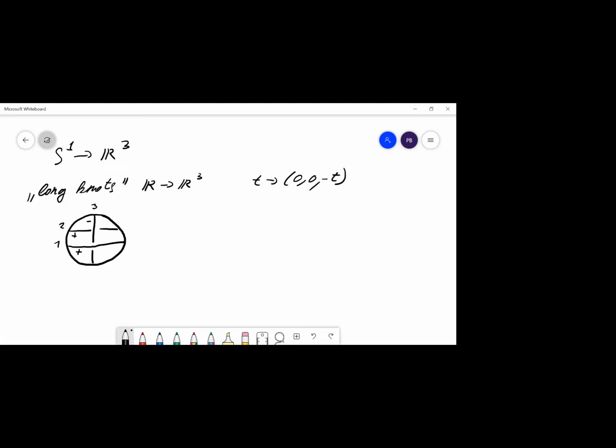And actually, if we have a chord diagram, it means that we have some marked points on the boundary, and one of them is a distinguished point. Let's say that we have a distinguished point here.